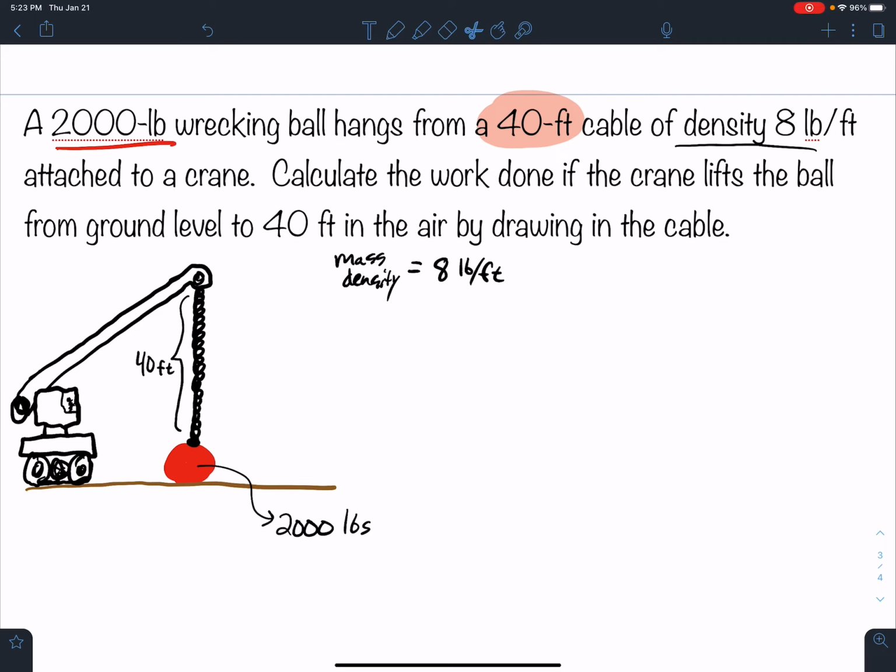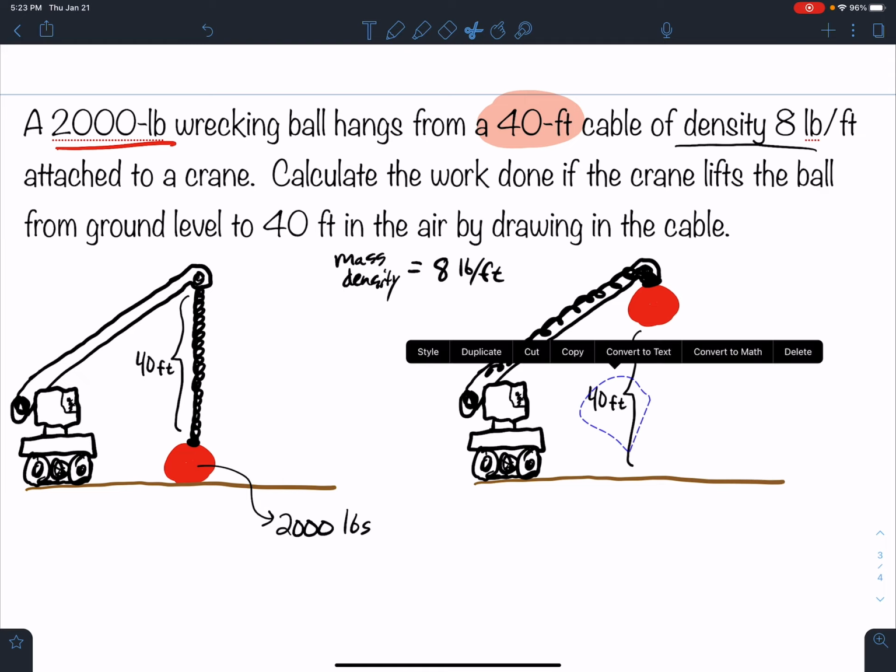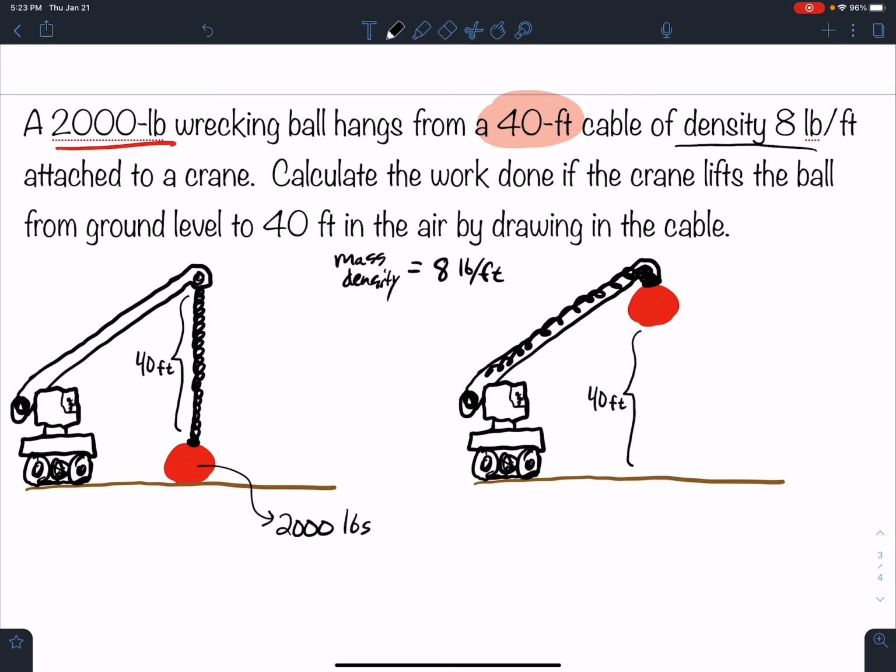So I'm going to redraw this scenario here. I'm taking this ball and I'm going to lift it up to right here. So I'm literally pulling in the chain, right? So the distance that the wrecking ball travels is 40 feet.